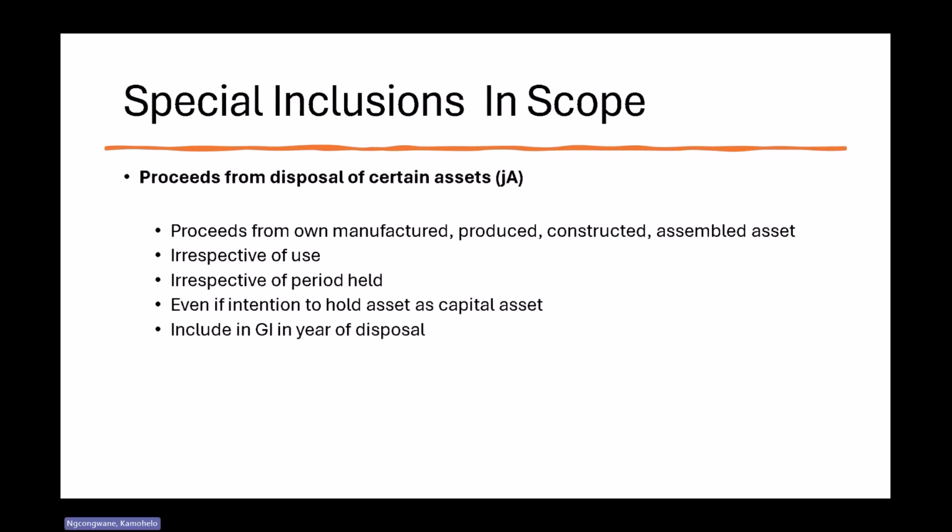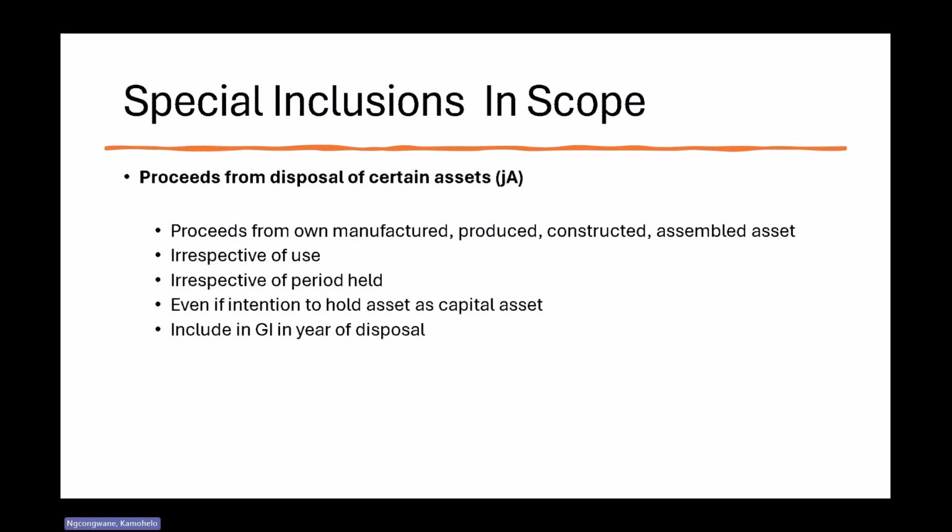If I produce this machinery myself, versus if I go and buy that very same machine from somebody else, then on disposal of that machine, if I've produced it myself, I have to include the proceeds as part of my gross income. If I've bought this machine from somebody else, I have to treat it as part of my capital assets and as part of my capital gains or capital losses calculation.